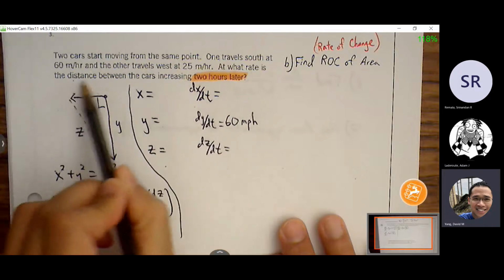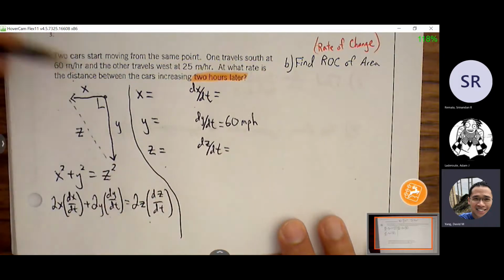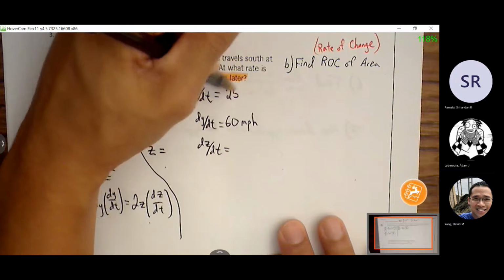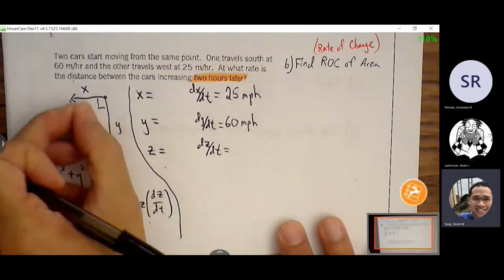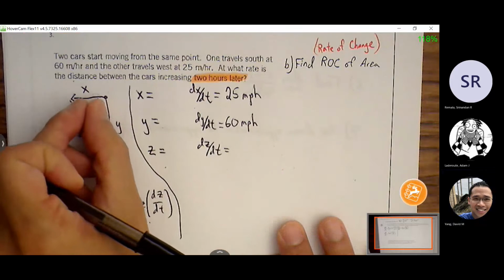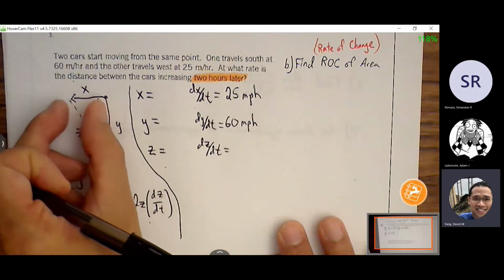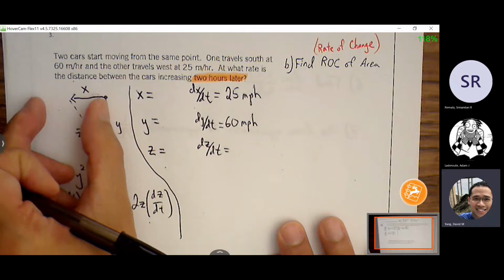I had mine being x, but it depends on how you define your variable. Positive or negative? Positive still, because as the car moves away, we expect that x value for our triangle to be increasing.